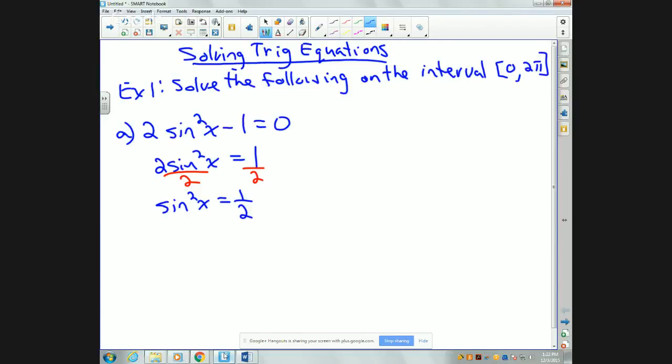Yeah, so that's a good idea. We need to get rid of that squared, so let's square root it. When we square root sine squared, we'll just get sine. And don't forget, when you take the square root, there's always a positive version and a negative version of your answer. So the answer here is plus and minus the square root of a half.